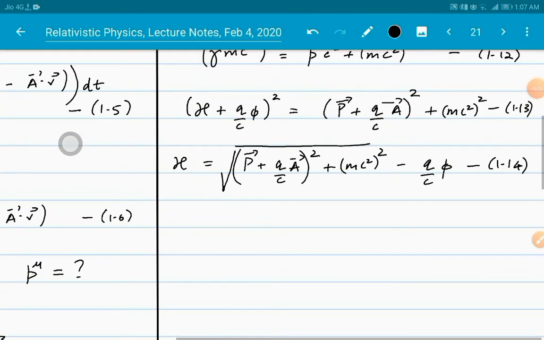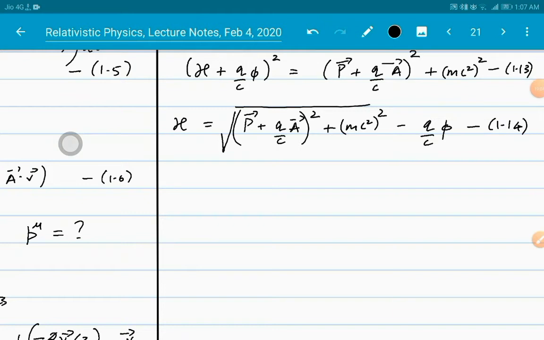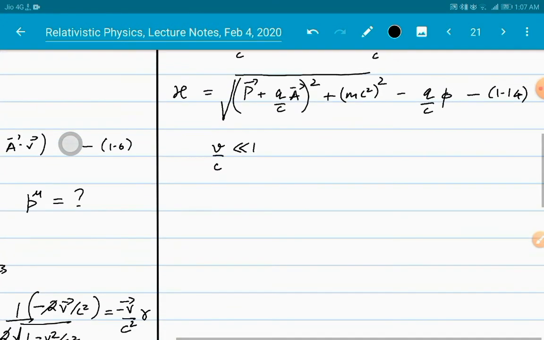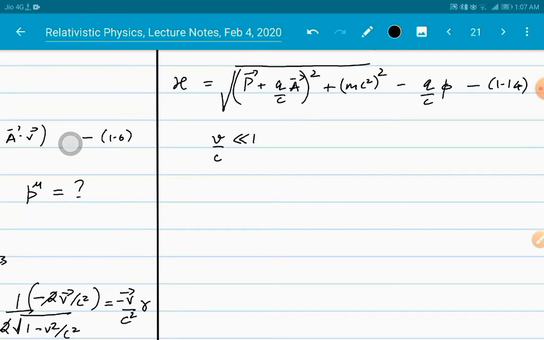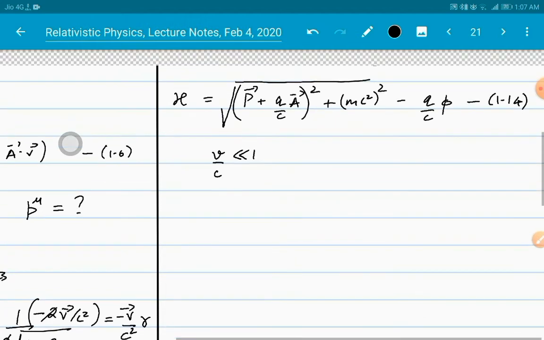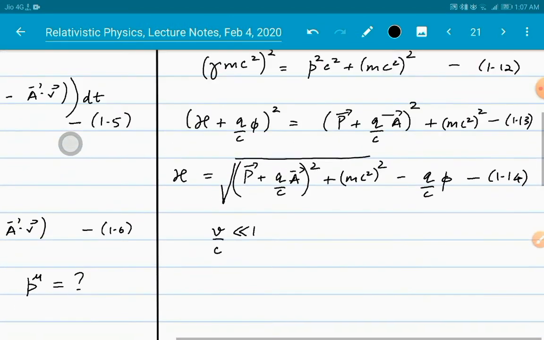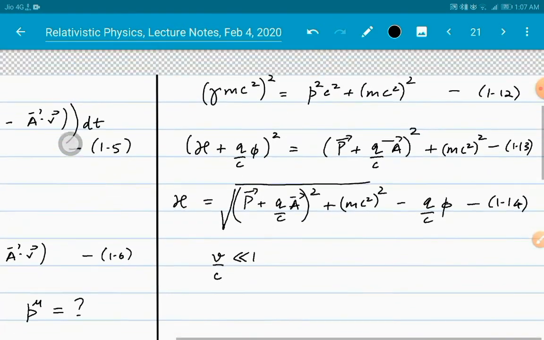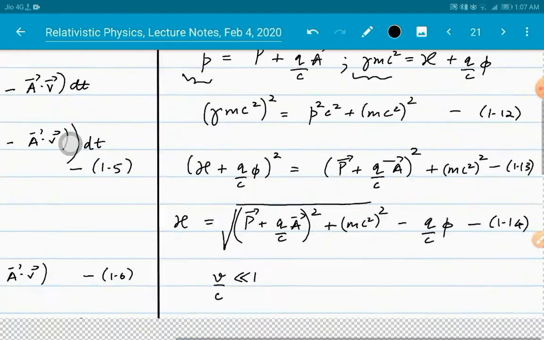Now this is the Hamiltonian for a relativistic particle interacting with an electromagnetic field. For most practical purposes, we are interested in the case when the particle is non-relativistic. In this case, there will still be an interaction with the electromagnetic field, which one can get from 1.14 by taking the limit that v by c is much less than 1. And so how do we do that? Well, let's look at the Lagrangian.